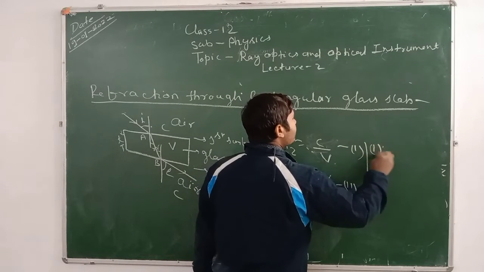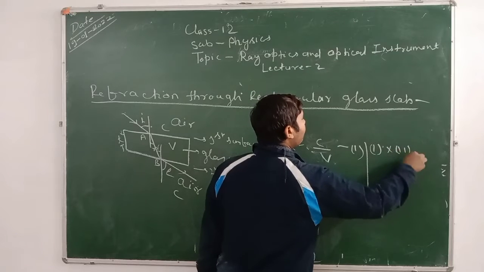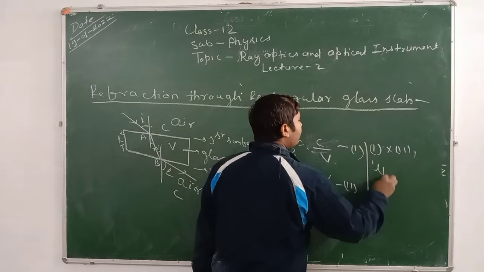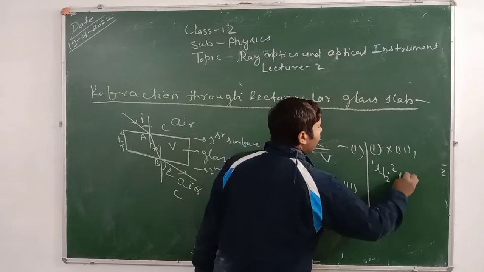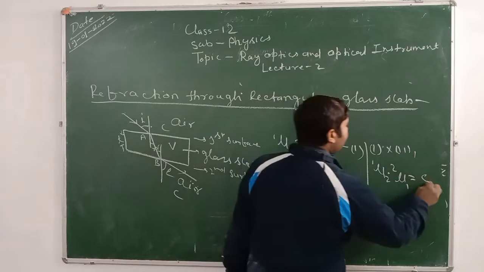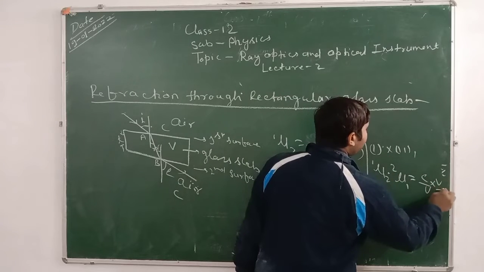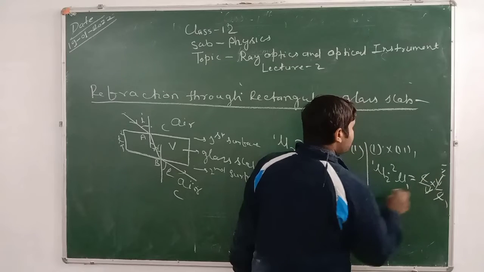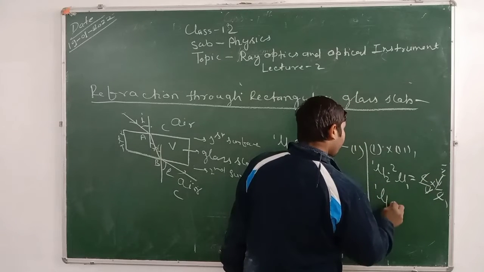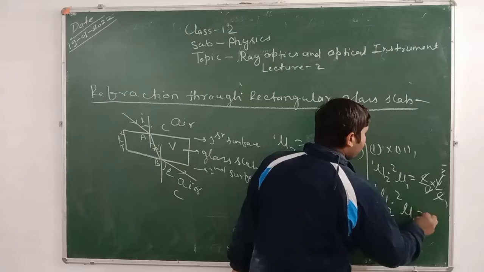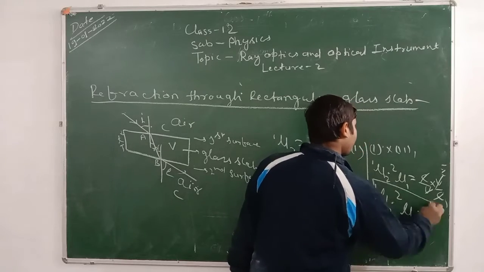Multiply equation 1 into equation 2. What do we get? We get 1μ2 into 2μ1 will be equal to c upon v into v upon c. This will be cancelled out. Finally, we get 1μ2 into 2μ1 will be equal to 1.